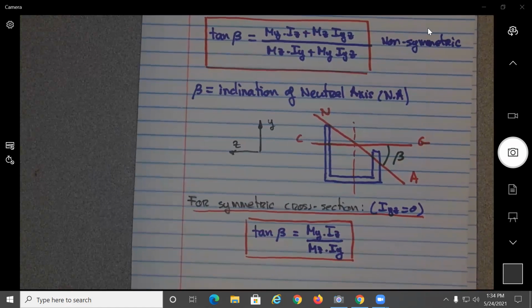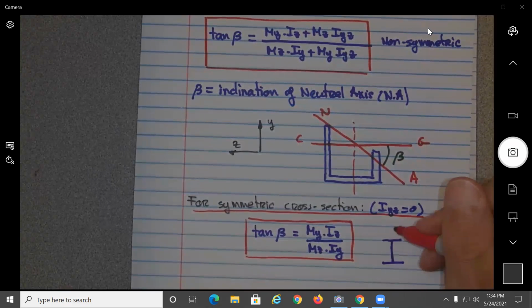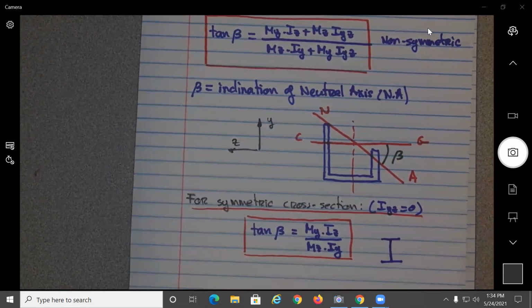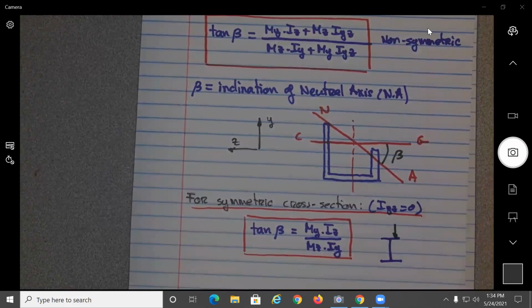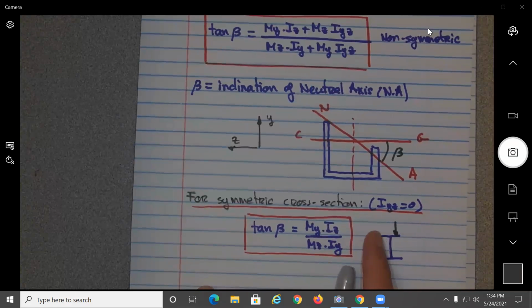All right, let's say you can still have a symmetric cross section like the I-beam, correct? But now what happens if you don't apply the load right at the CG? Let's say you apply the load over here. Yeah, this is going to create a moment, even though this is symmetric, meaning that IYZ will be equal to 0. If the load is not right along this line, what's going to happen?